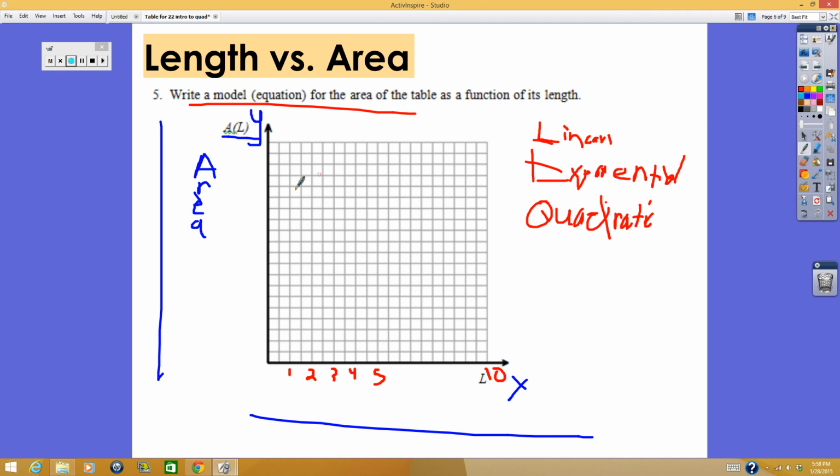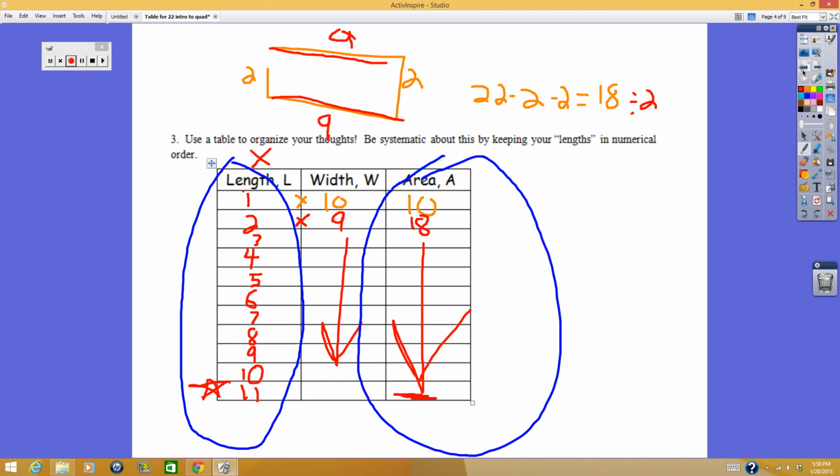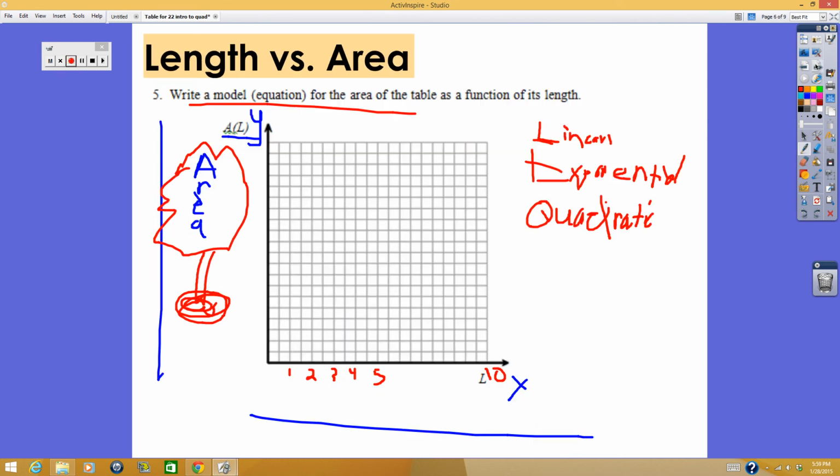Okay? Now, for the area, your area, I believe the biggest one should be 30, if I'm not mistaken. So, if you count by ones, you're not going to get up to 30 because it's 20 boxes up here.